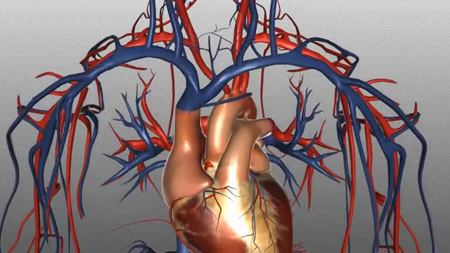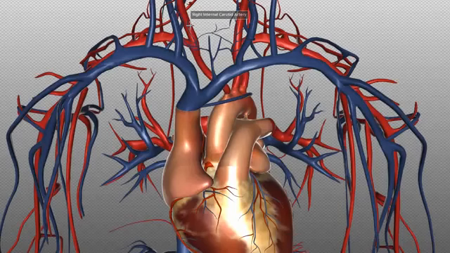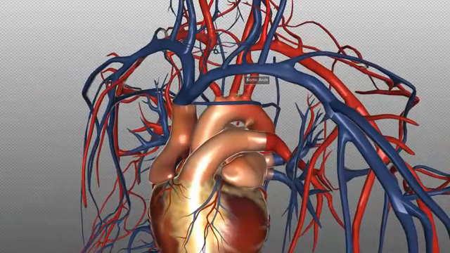So the next vessel we've got here is the left common carotid artery. So just like you've got the right common carotid artery here, again ignore that label because it's incorrect, you've got the right common carotid here and the left common carotid, which comes immediately off the aorta, and that's the middle branch. So the final branch, the most posterior branch, is the left subclavian artery.